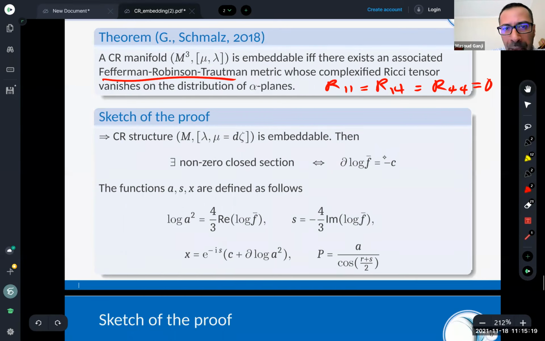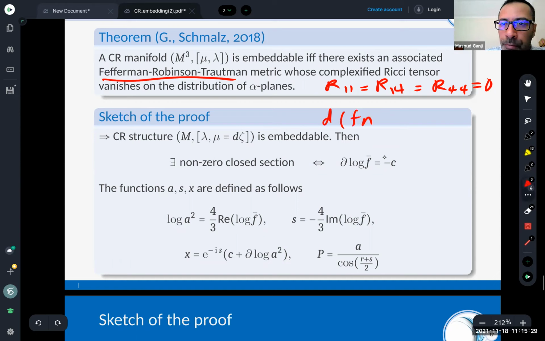It makes life much easier in this case. There exists a closed section because df wedge d zeta is 0. Now the closed section becomes this. You can write it in terms of coordinates z and u, in this way. Maybe it's not a correct notation, but it depends on z and u.